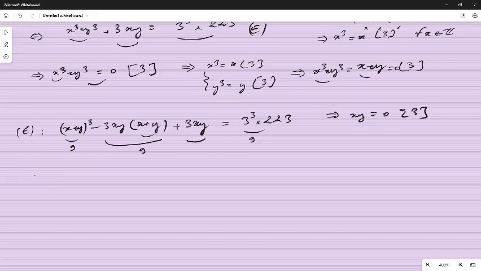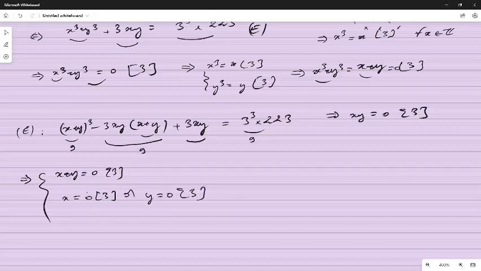Then we have two things. We have x plus y equals 0 mod 3, and we have x equals 0 mod 3 or y equals 0 mod 3. If one of these numbers is equal to 0 mod 3 and the sum is equal to 0, then the other is also.